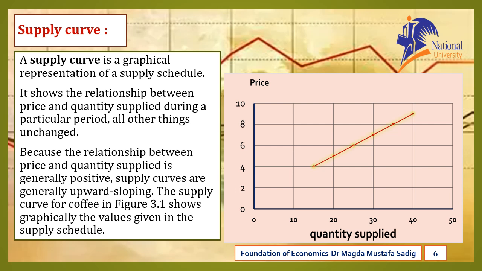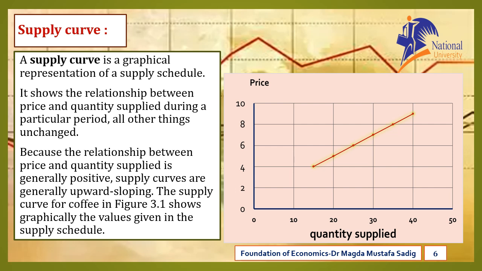This means there is a positive relationship between price and quantity supplied, because higher prices give producers more incentive to produce and sell more. They can make higher profits. So the supply curve is usually an upward sloping curve from left to right. That is because as the price goes up, producers are willing to supply more units.